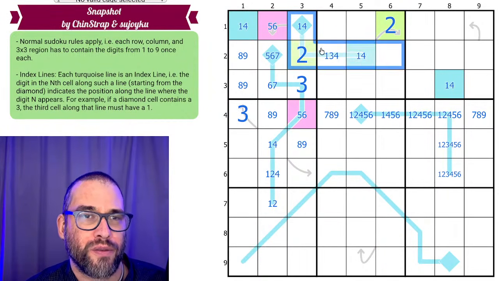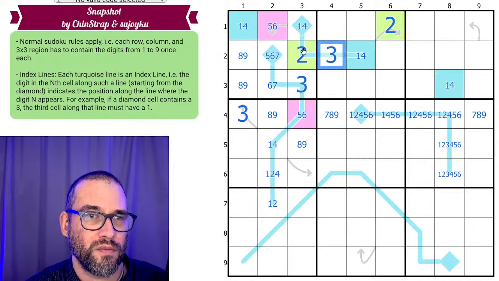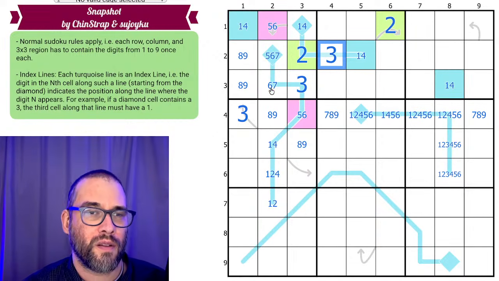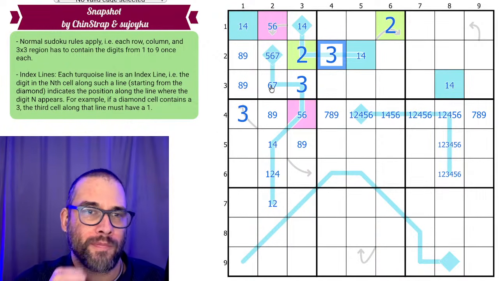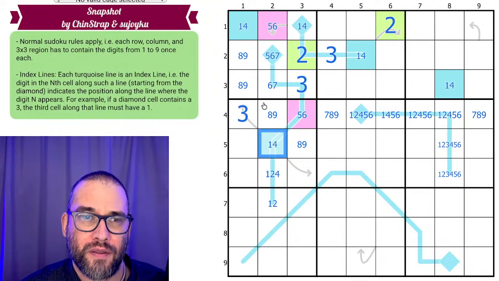So that's our 1 or a 4. And now we have to put a 3 on this line, and it goes there. I guess we can mark that this is teal.